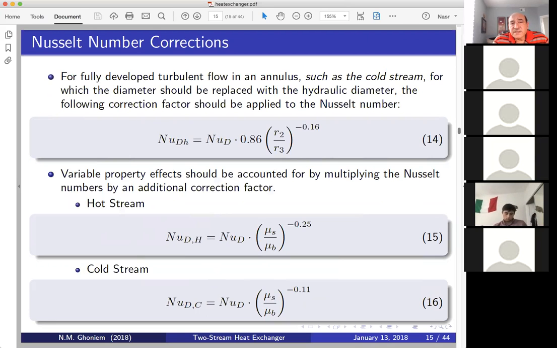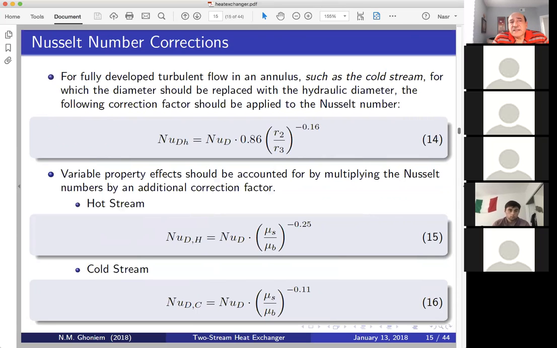There's a little twist in this story still, and that is the correlations for Nusselt number that we have in the manual. They are made for tubes that have kind of uniform temperature. They don't have temperature gradients, and also they're all round. They're not annular.